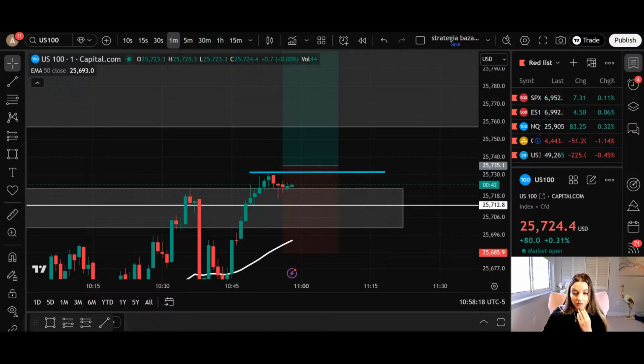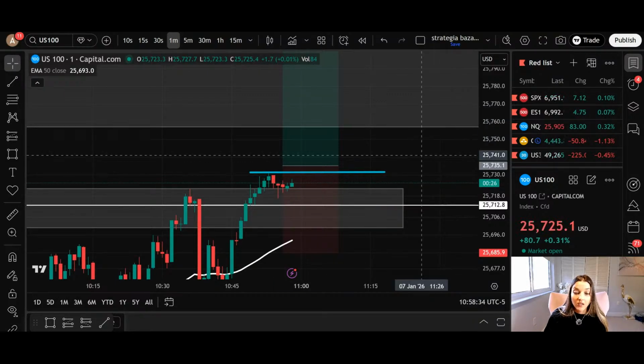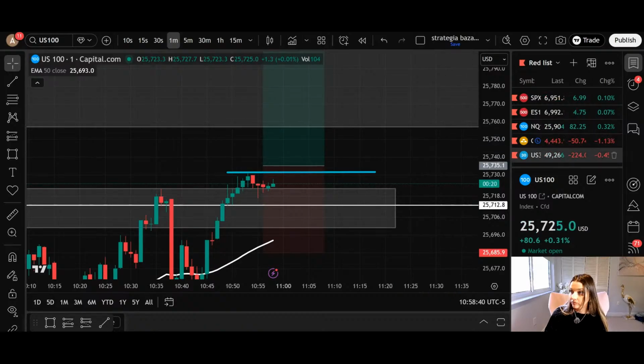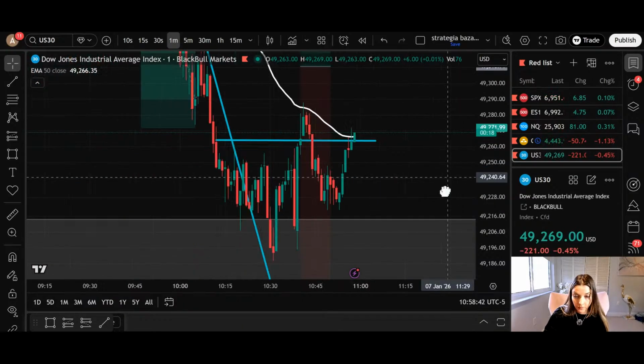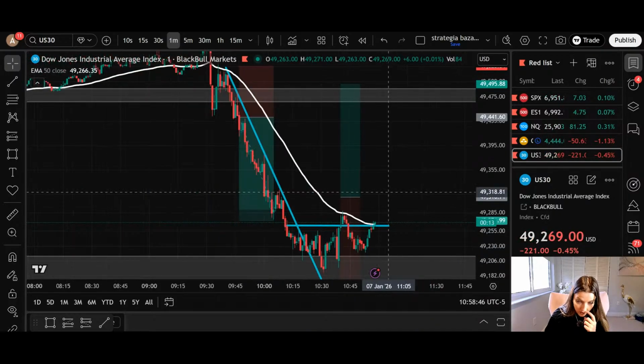So my strategy is simple: break, retest. If it breaks an area, retest if it's at the area of a demand or supply area, and the confirmation for me, I need the price to be below or above the EMA. Easy. Right here I have the US 30.